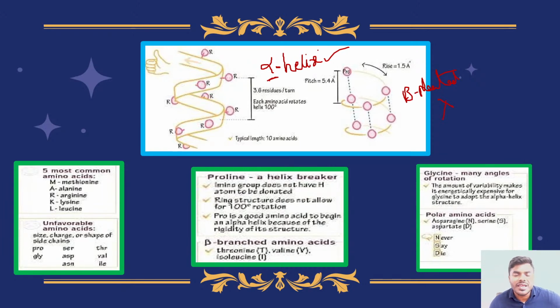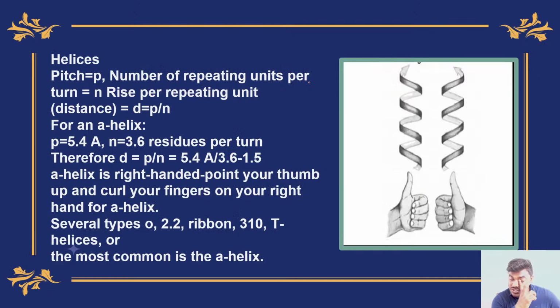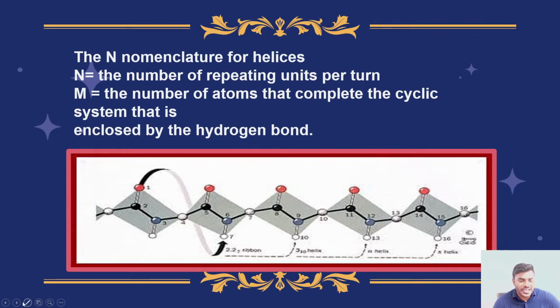Many other types of helix can also exist in the secondary structure of a protein. I repeat, not only the alpha helix, friends, many other types of helix can also exist in the secondary structure of a protein.